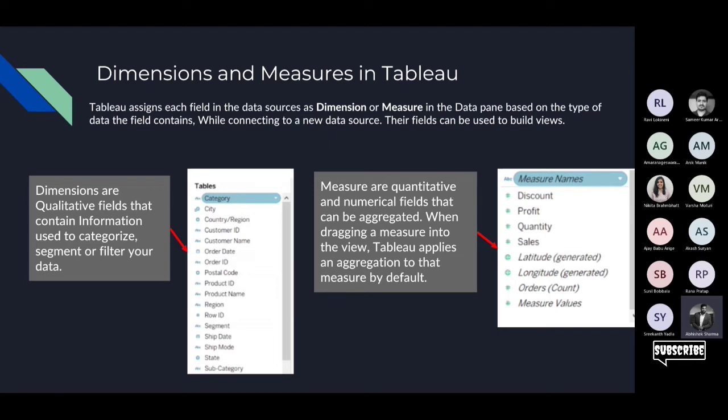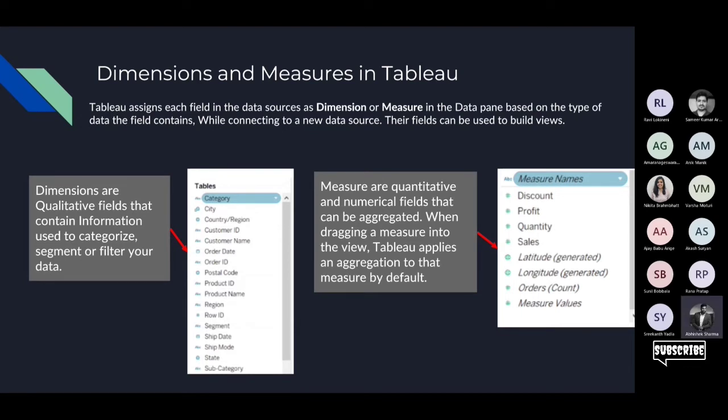Let's say it's profit: by default Tableau has aggregation defined as sum. If we want, we can change that aggregation to average, median, count, or count distinct, something that we are going to explore in a while. So my measures are quantitative fields and always come with an aggregation.